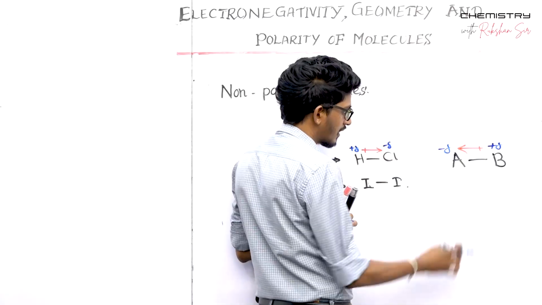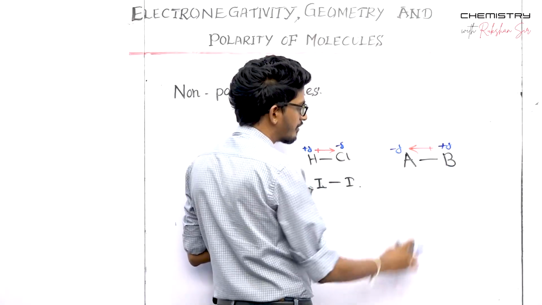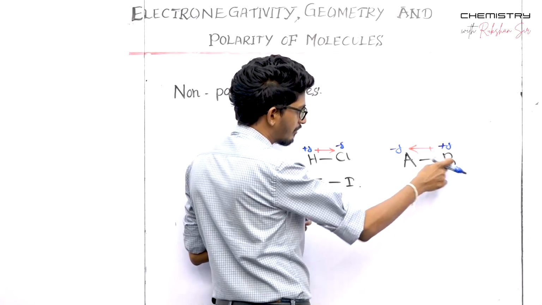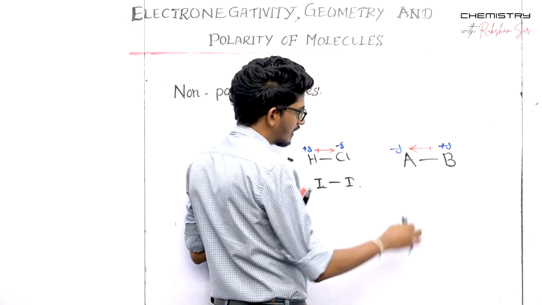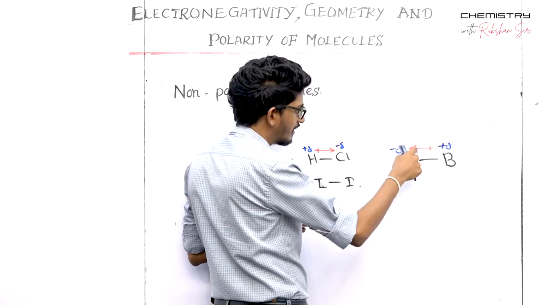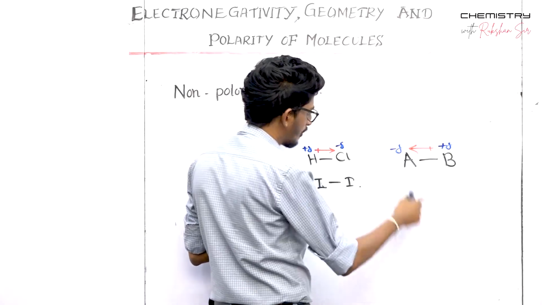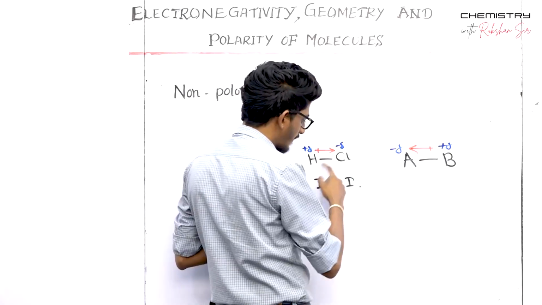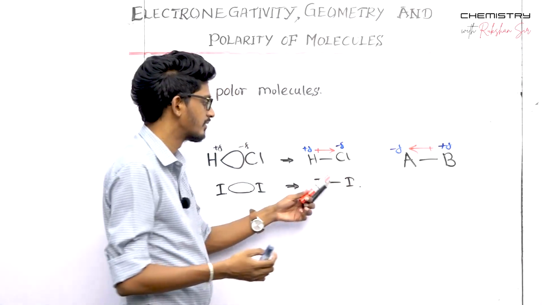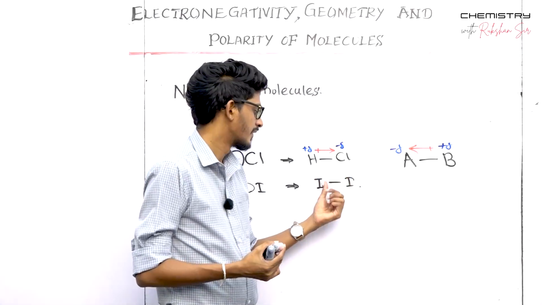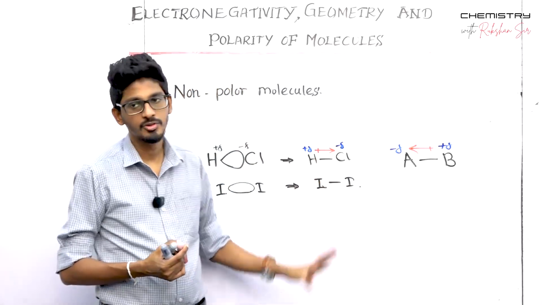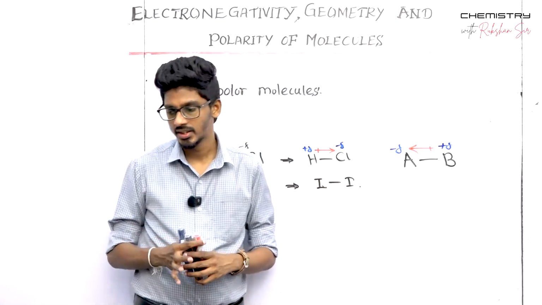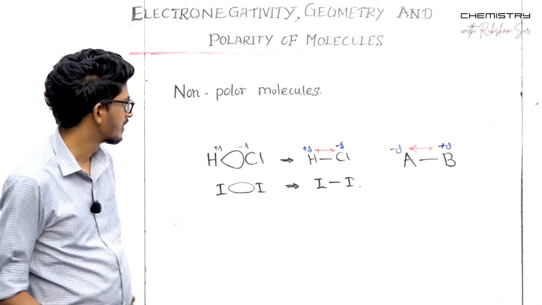The two atoms have an electronegativity difference; this is the electropositive atom and this is the electronegative atom. All of this can be told just by seeing the direction of the dipole moment. If the dipole moment does not appear, there are no poles and the electron distribution is symmetric. That is the whole idea here.